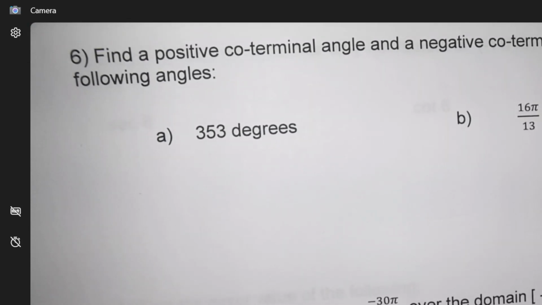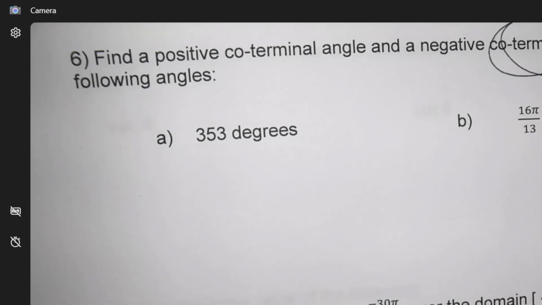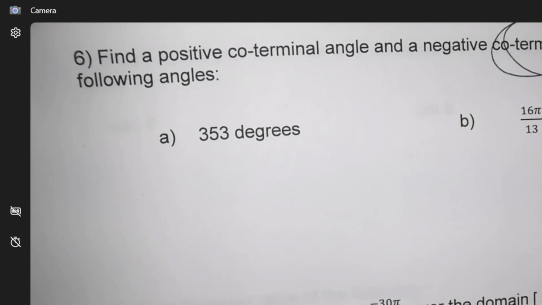Okay, so this one says state a positive and a negative coterminal angle. So coterminal is when it lands in the same spot. So again, if right now it's the time 10:18, at 11:18, the minute hand's in the same spot. So that's a rotation of a full circle.